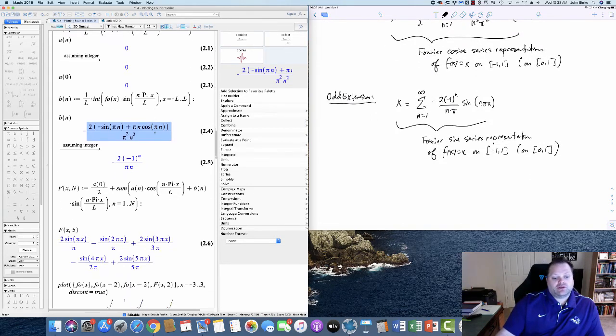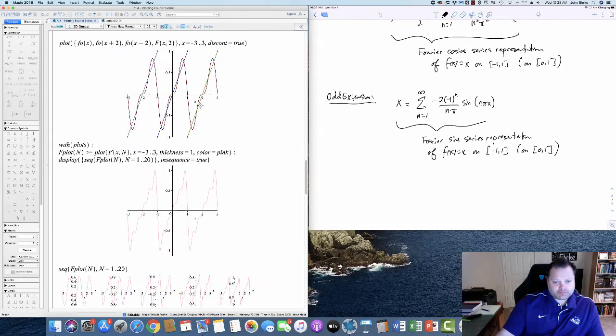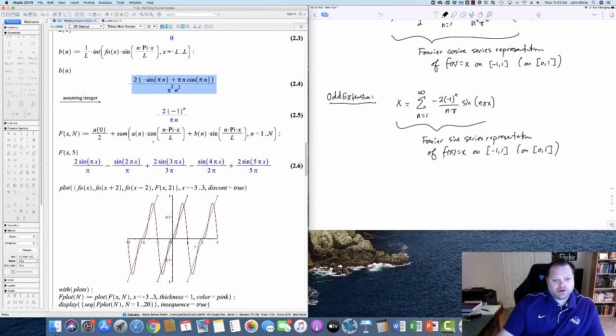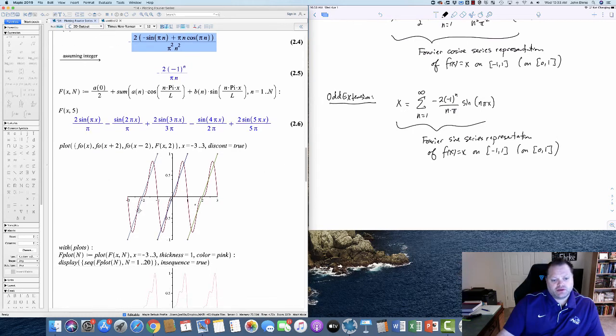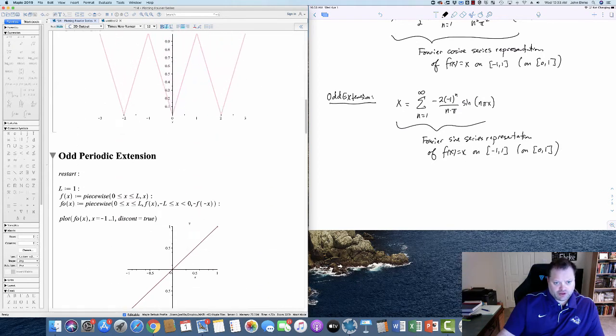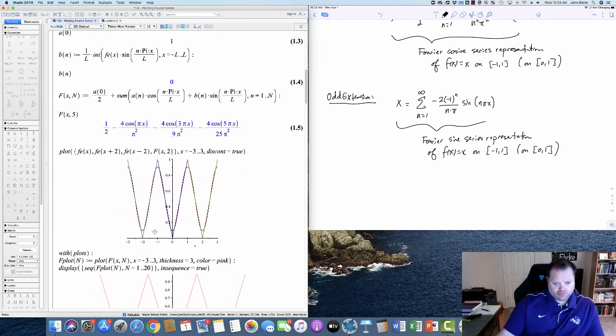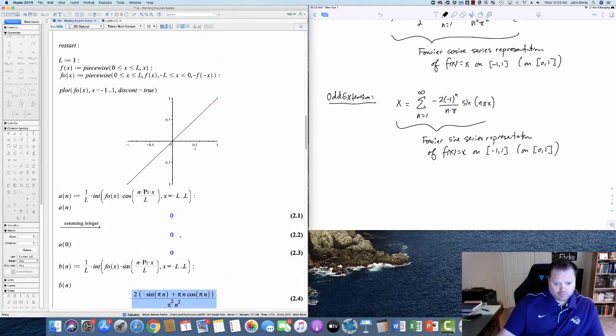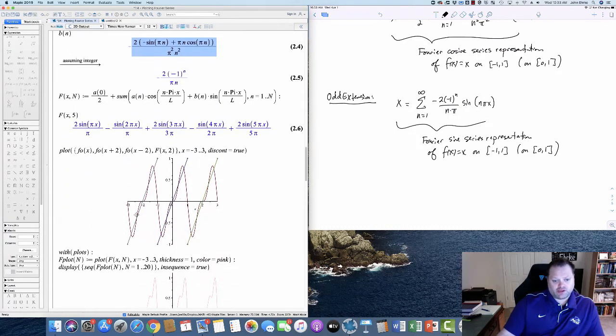Okay, take a look at what this one looks like. So here is the first 5 terms, just like we did above. Here is the attempt at representing. So this is just with 2 terms. Notice with 2 terms on the Fourier cosine, we were actually pretty close. With 2 terms on the Fourier sine series, we are not close at all.